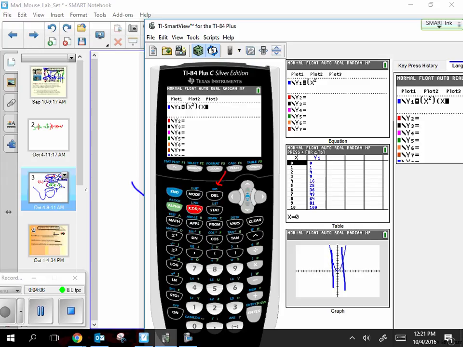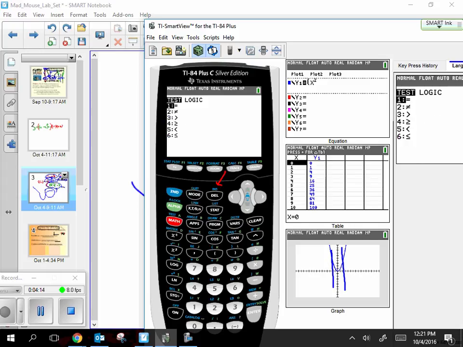Get your parentheses around your x squared first. Then put a parentheses around x and say less than. It's on the test menu. Look at where the red button is right now on my screen. It's right above that. Right above math is test. That'll give you the less than sign. I want x to stay less than 2.